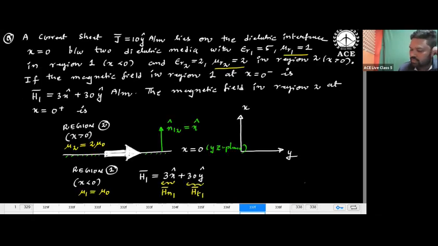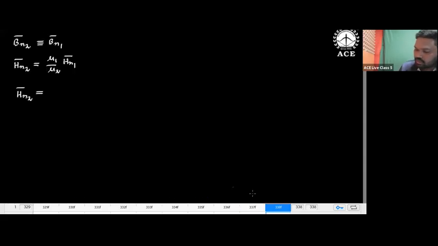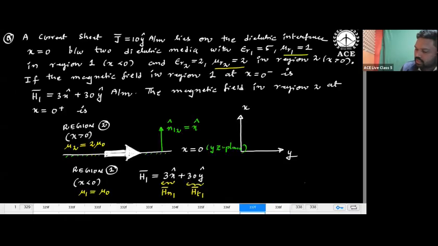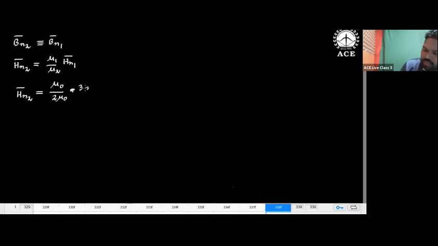What is mu1 by mu2? Mu naught by 2 mu naught, into Hn1. Hn1 is 3x cap. So it is three by 2 x cap. That is how you can directly find.